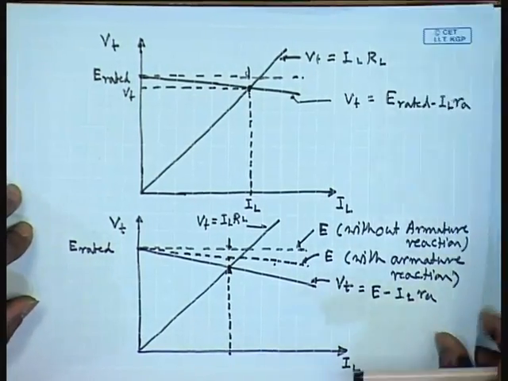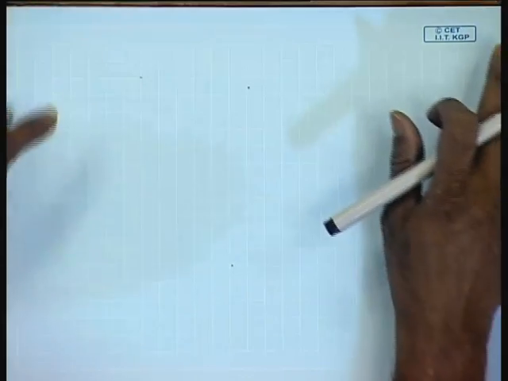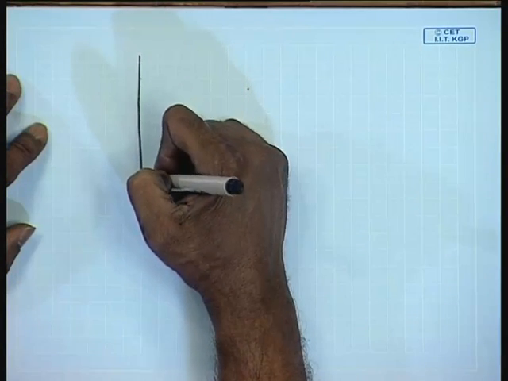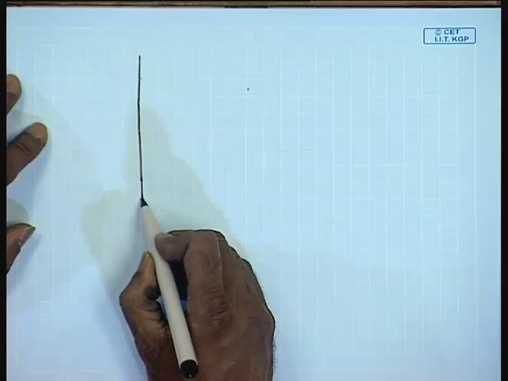Now, the drop due to armature reaction can be found out experimentally by operating the machine at constant speed and by gradually loading the machine with change in the field excitation current, so as to keep the terminal voltage constant at any desired value for any load current.